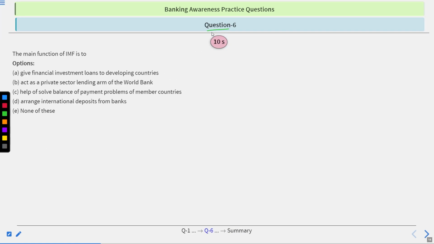Question number 6. The main function of IMF. Give financial investment loans to developing countries. Act as a private sector lending arm of the World Bank. Help solve balance of payment problems of member countries. Arrange international deposits from banks. None of these.